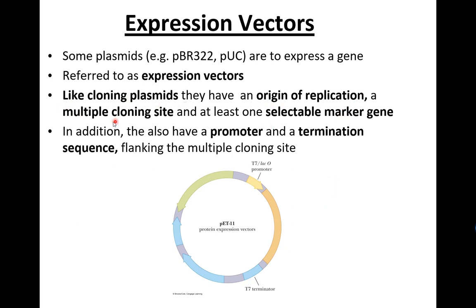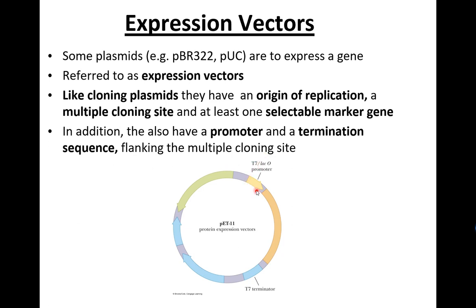they all have a multiple cloning site, they all have selective marker genes. The difference between expression and cloning vectors is that beside the multiple cloning site, you would have also a promoter, and then on the other side you would have a termination sequence.